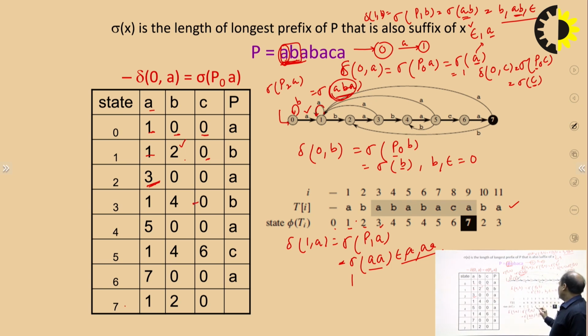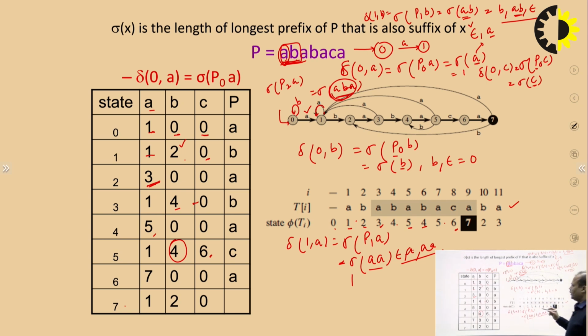Then 3B is 4, 4A is 5. Then 5B is saying we should go back to 4. Yes, on 5B we are going back to 4. And then 5C is going to be 6. Clear?